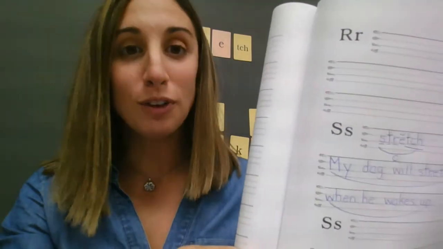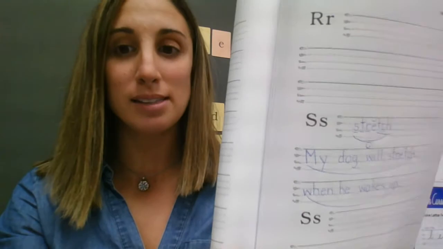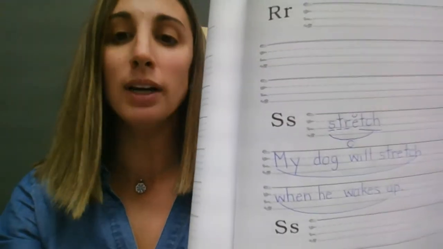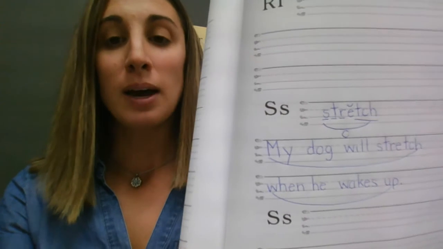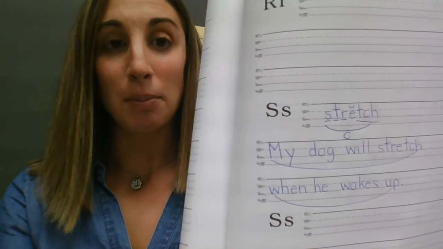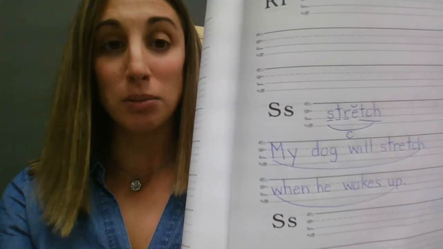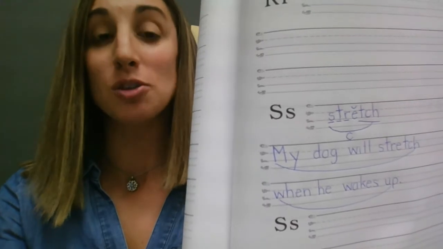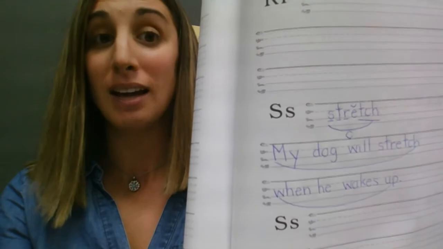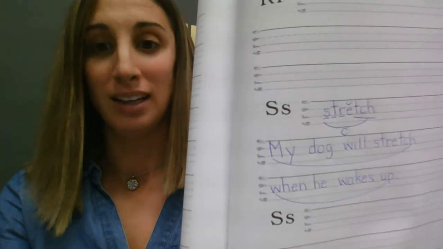Okay, hopefully you've had an opportunity to write that sentence down on page 75 of your notebook. Here is where you can check your work. Did you remember the capital? Dog, check your B's and D's. Will stretch. Did you pick to put this TCH again? Remember, that's our word of the day.